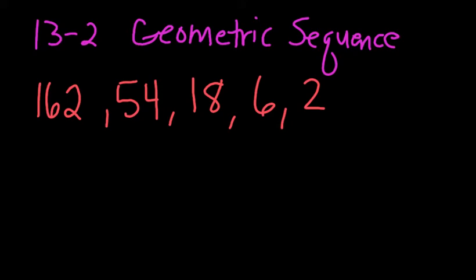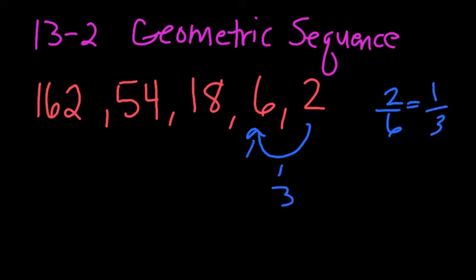So, to find it, we're going to start here and go 2 divided by 6. Well, 2 divided by 6 is 1/3. Then 6 divided by 18 is also 1/3.